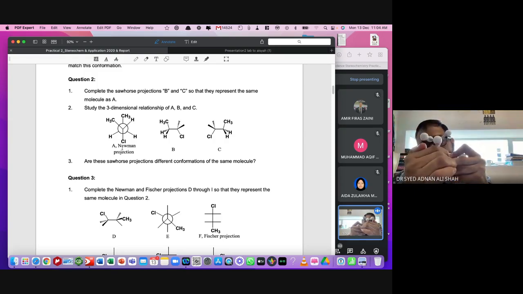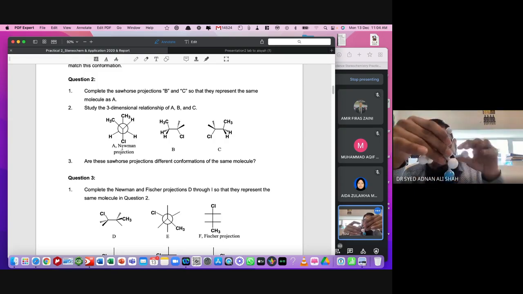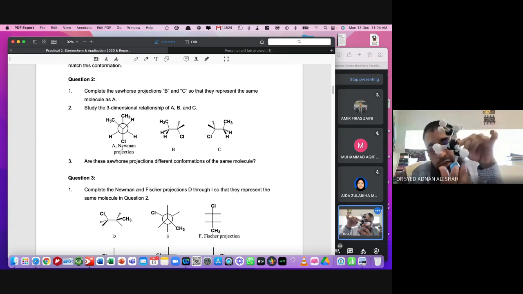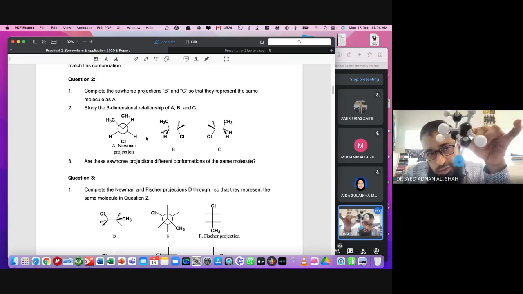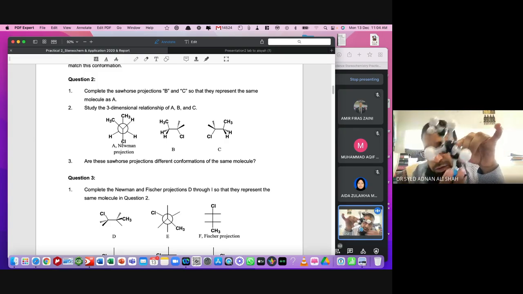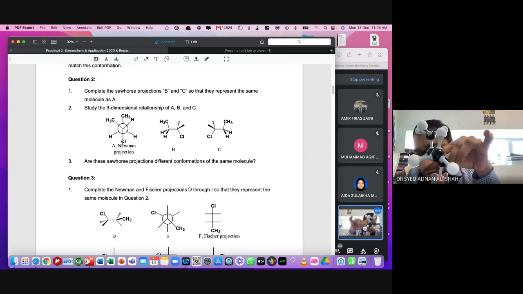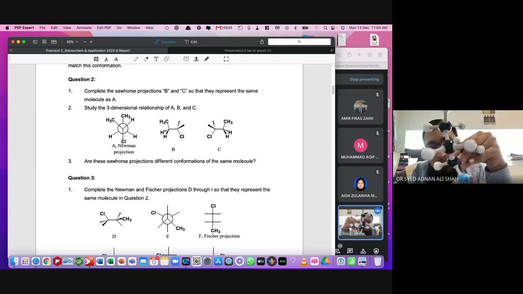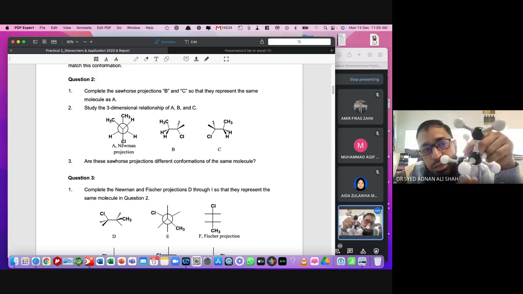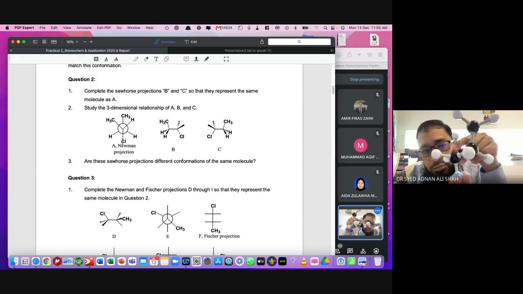Right? One more time I can explain. This one is the chloride, which is at the bottom, right?